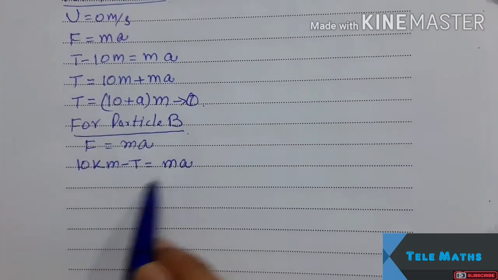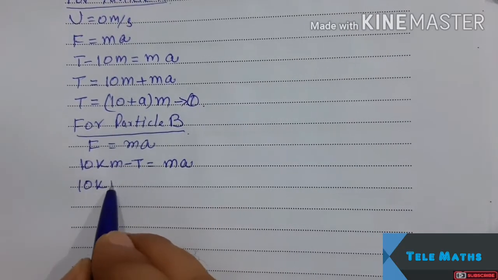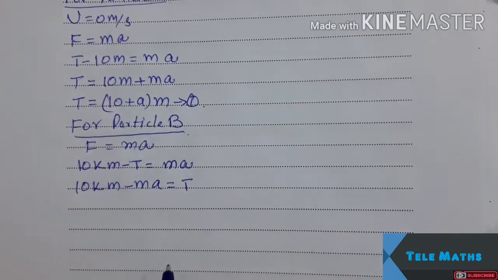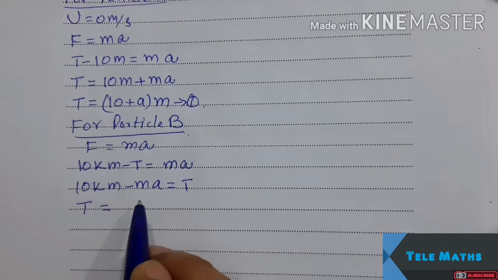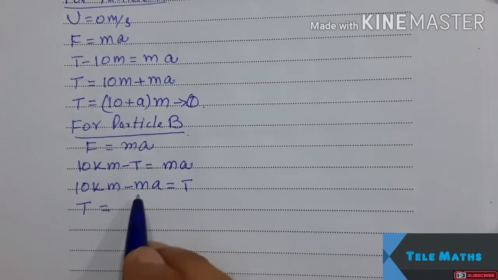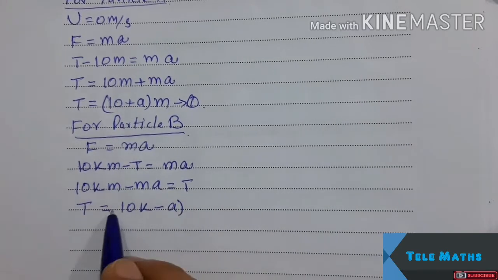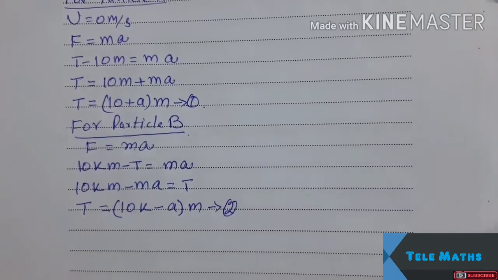So take ma on the left and T on the right. It will be 10km minus ma is equal to T, or I can write it as T is equal to, I can take m common, so it will be (10k minus a) into m. This is equation number 2.